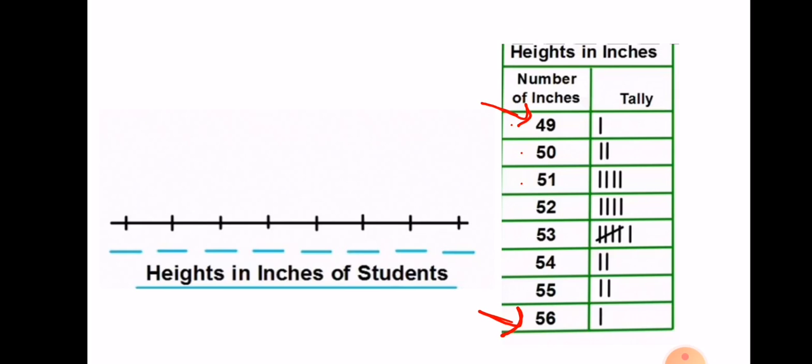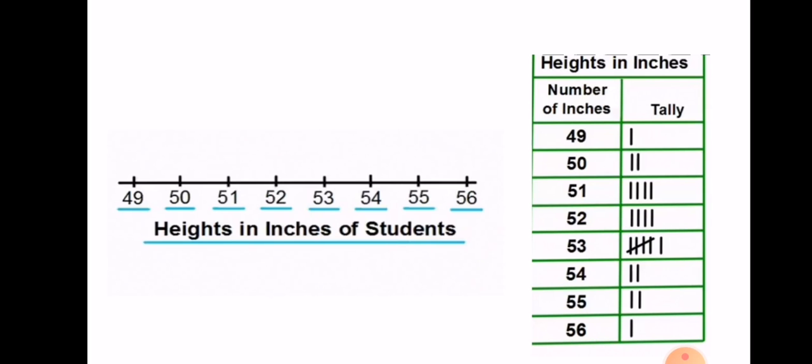So I will put 49, 50, 51, 52, and so on until I reach 56. Here I counted by 1 between 49 and 50, 1 between 50 and 51, and so on. So the space between each two numbers is just 1. What do we call this space? We call it the interval. So the interval here is 1.